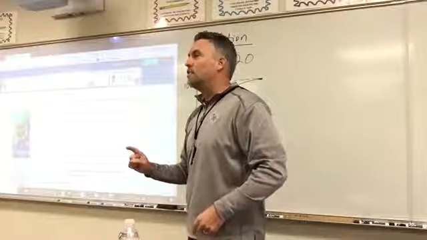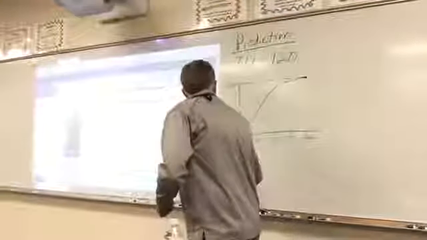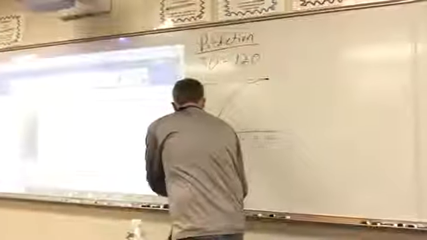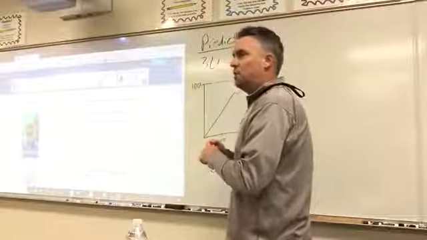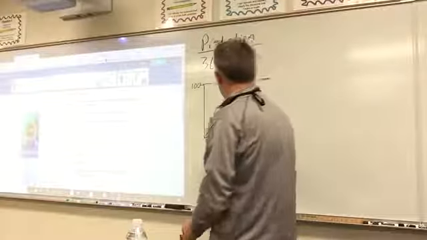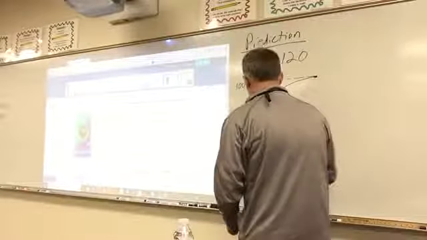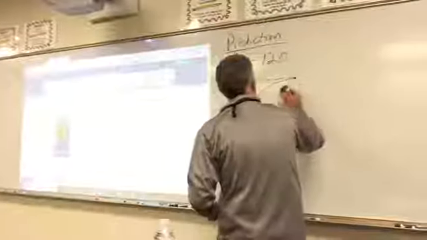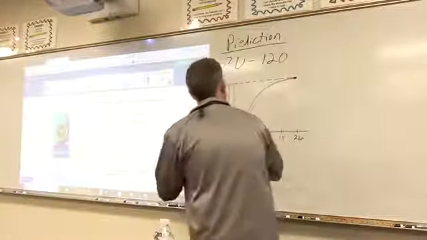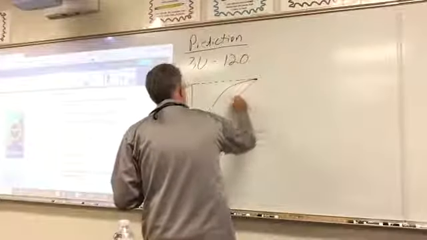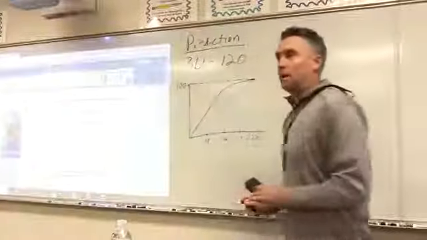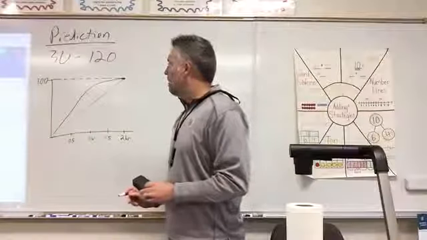So let's say it was linear the entire time. If it was linear the entire time, then our graph would look like this red one. That was a terrible line. I tried to draw that straight. Do you guys agree if it was linear, it would look like this one? The red one? Okay.